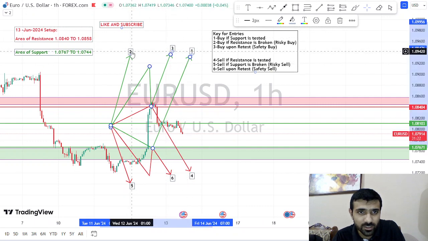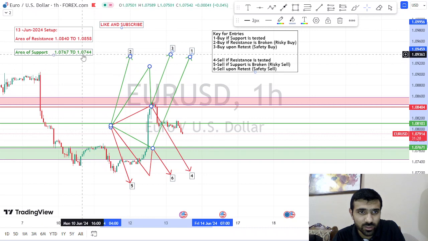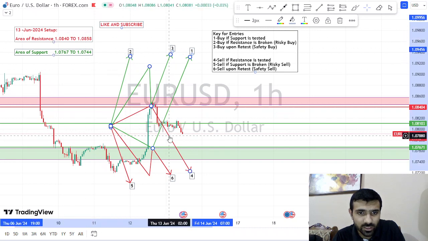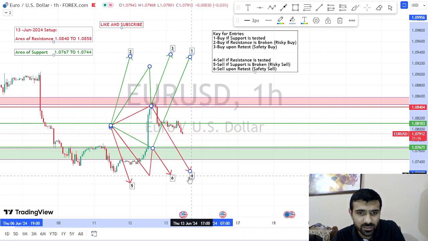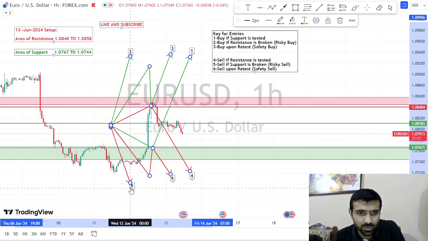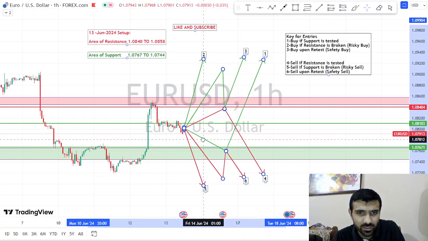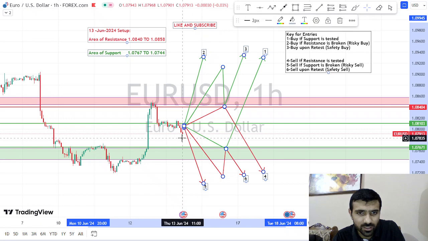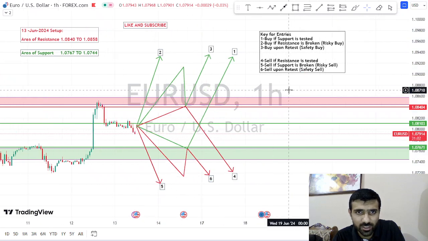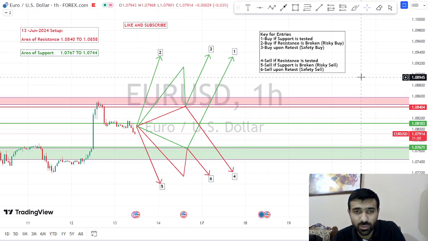So let me just simply move forward these scenarios so you guys can easily just take trades according to the key for entries method that is mentioned in the chart as well. Okay, so just simply follow this method, and I hope that you guys will be making some good profits.